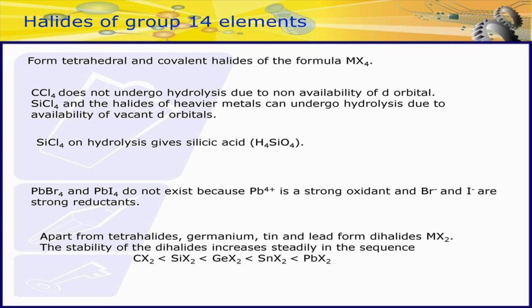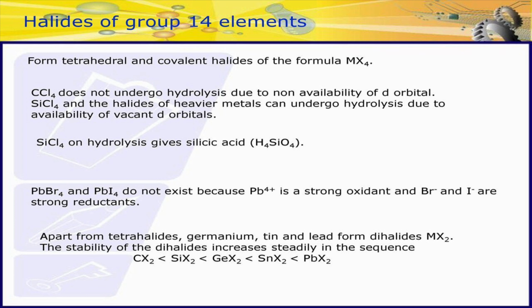Silicon tetrachloride and the halides of heavier elements can undergo hydrolysis due to availability of vacant d orbital. Silicon tetrachloride on hydrolysis gives silicic acid. Lead tetrabromide and lead tetraiodide do not exist because Pb4+ is a strong oxidant and Br- and I- are strong reductants.